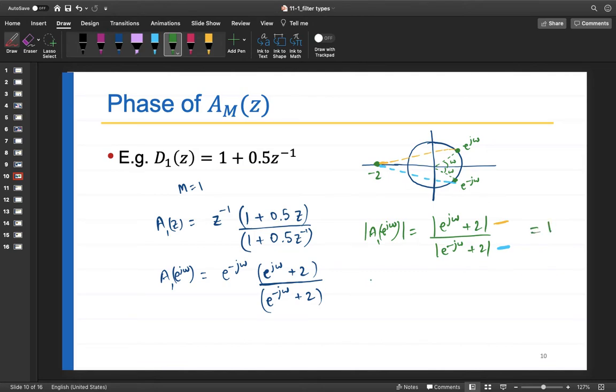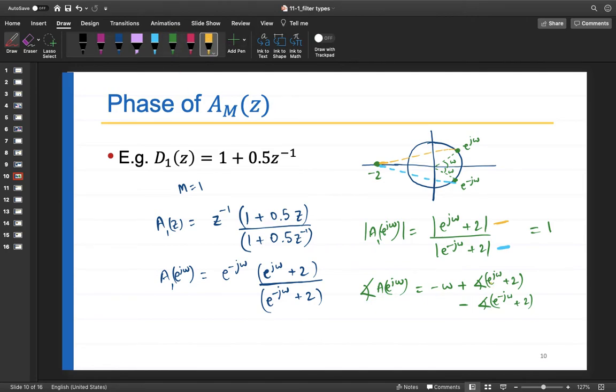Now let's consider the phase term, the phase of A(e^{jω}). This will be equal to minus ω, plus the angle of e^{jω} + 2, minus the angle of e^{-jω} + 2. So what is this angle? Let me use yellow color.